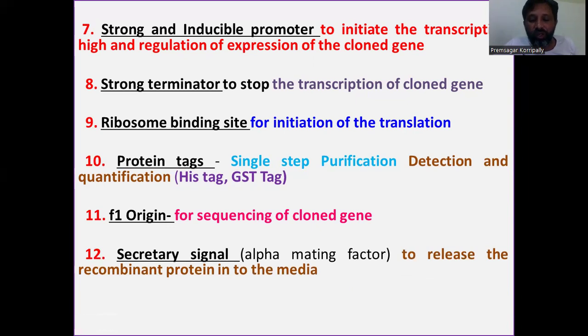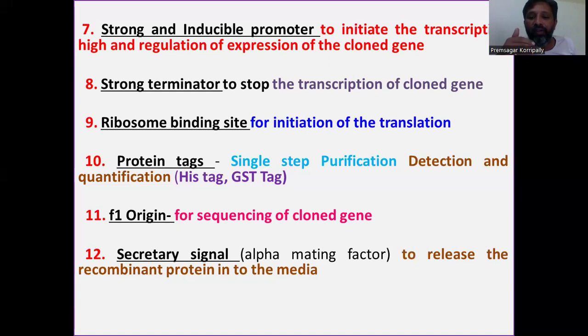Secretory signal. When you are cloning your gene of interest into the expression vector, the expressed protein should not go to the vacuoles or stay in the host system. If it can be released into the media, purification would be very easy. That's the reason the alpha mating factor of yeast is kept before your ORF, and then your protein will have the alpha mating factor.